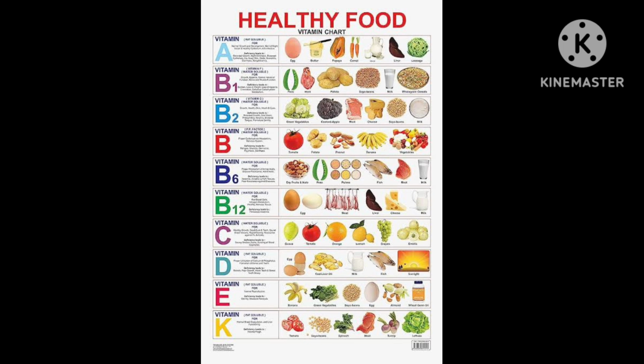Nucleic acids. Now understand the importance of nucleic acids. Every generation of each and every species resembles its ancestors in many ways. Ancestors, like father, grandfather, their qualities will match.